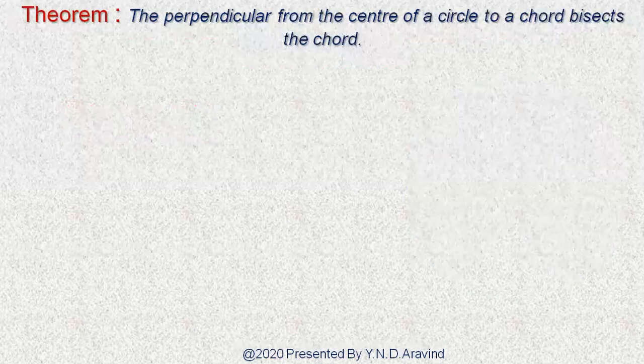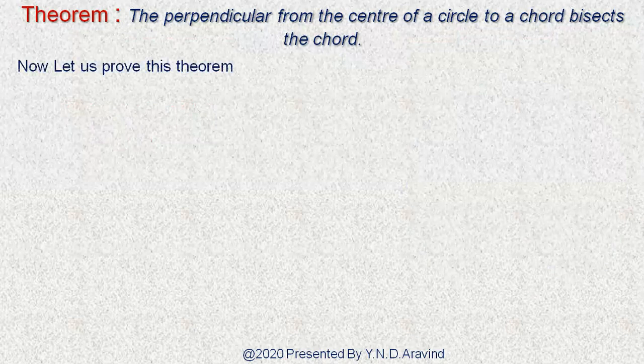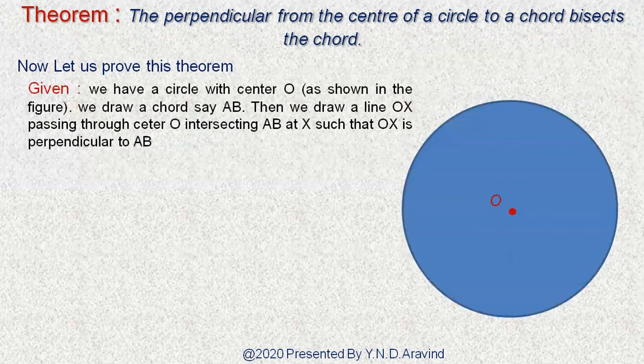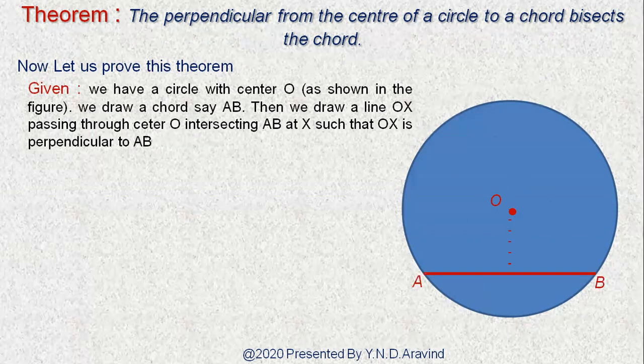Now, let us proceed with the actual proof. We have a circle with center O as shown in this figure. We draw a chord, say AB. We draw a line OX passing through the center intersecting AB at X such that OX is perpendicular to AB.